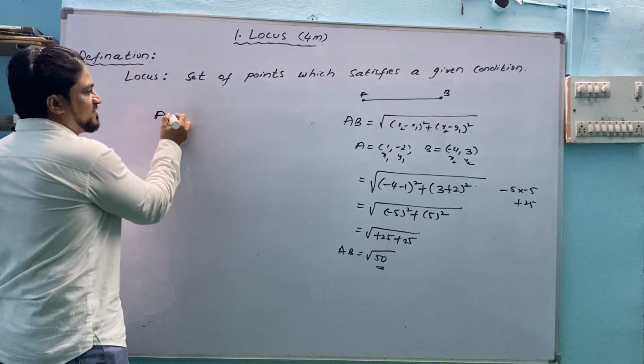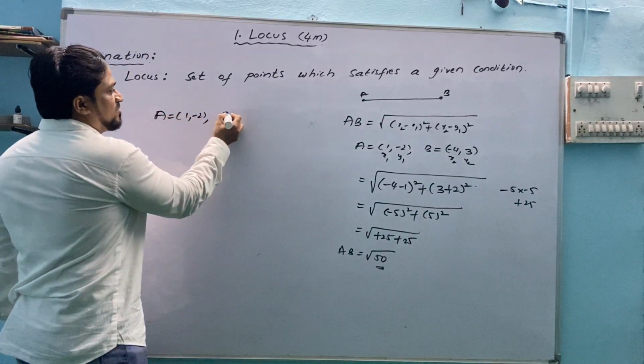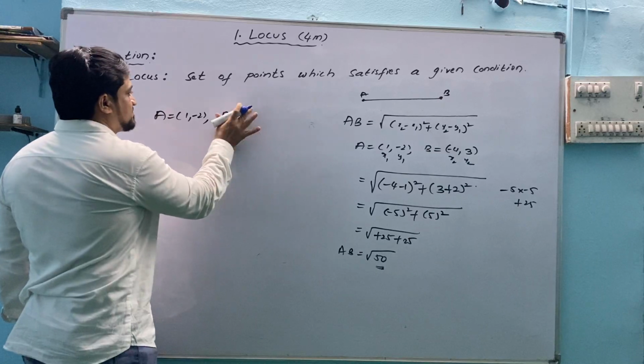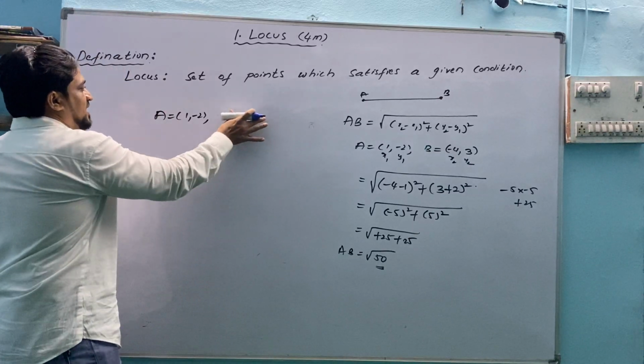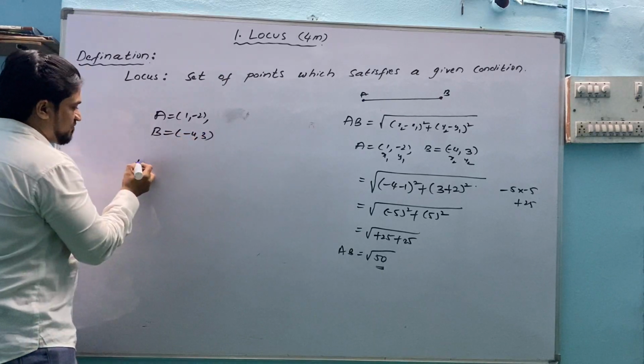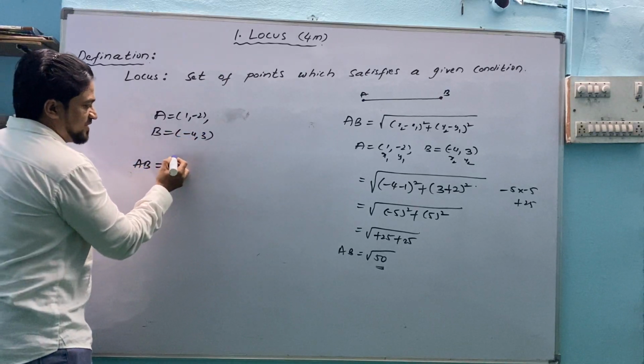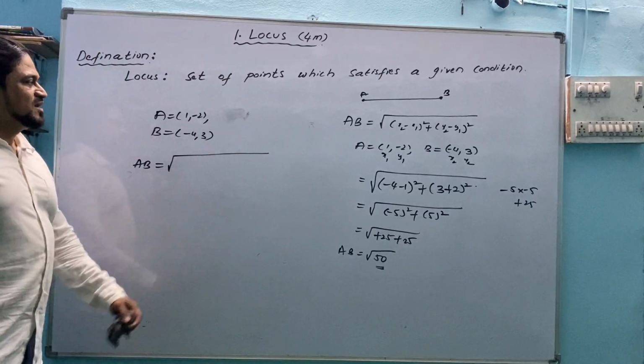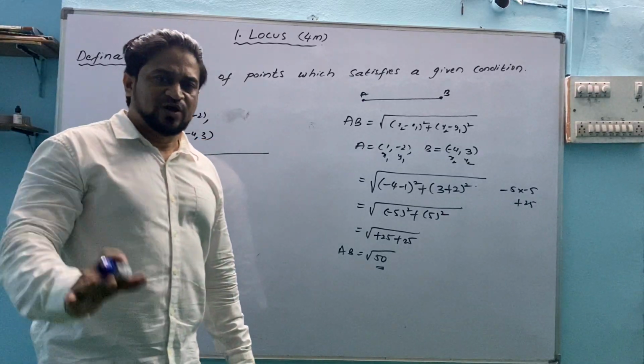Now the same thing you can find in this way. Point A is given to you, point B is given to you. Now if I want to find distance AB, what will I do? I will take one rule. I will not take x1, y1, x2, y2, nothing like that.